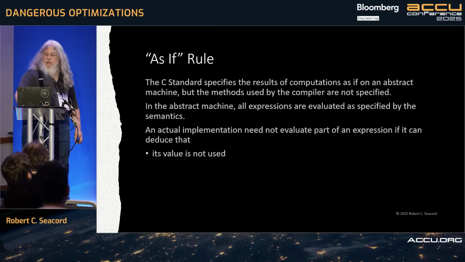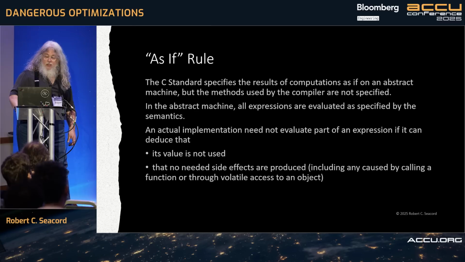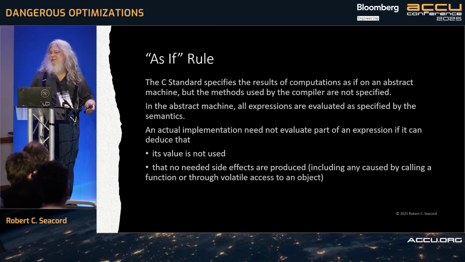So an actual implementation doesn't need to evaluate part of an expression if it can find out that its value is not used or that it doesn't provide any needed side effects, which includes calling a function or a volatile access to an object, right? Some functions are pure and don't cause a side effect, but a lot of times the compiler doesn't know, especially if it's in a different translation unit.